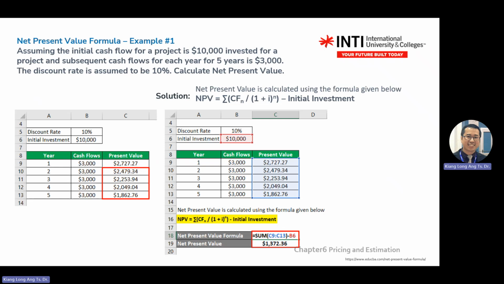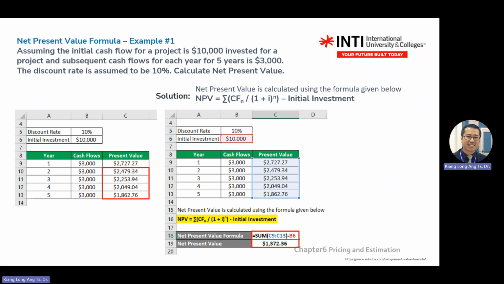If you get a positive value, that is a good investment. When you get a negative value, reject the transaction or reject the proposal. Means you're losing money. Now, what does this positive value mean? You put in 10,000.